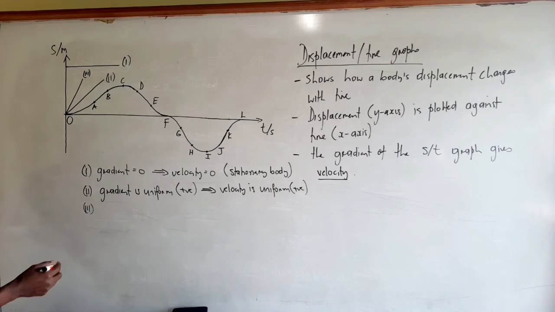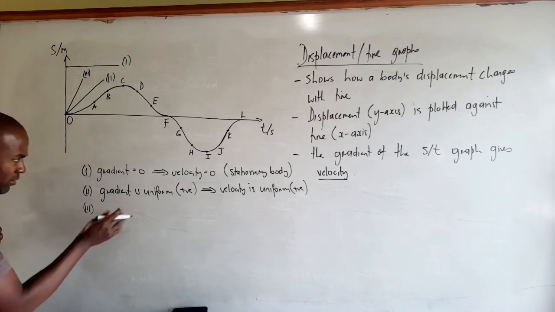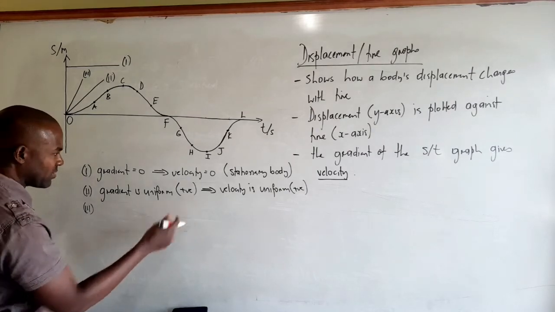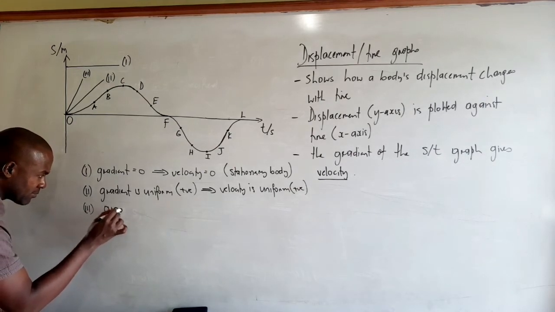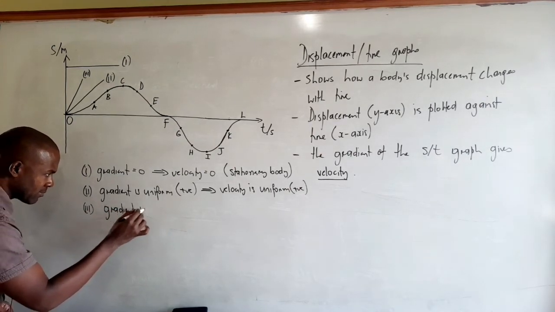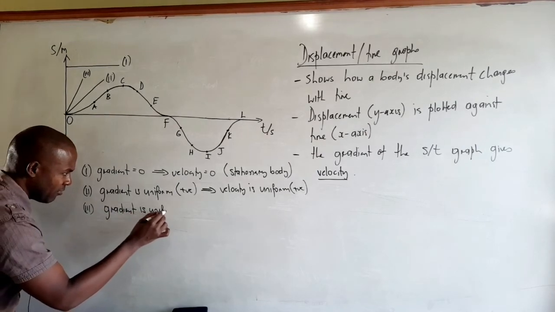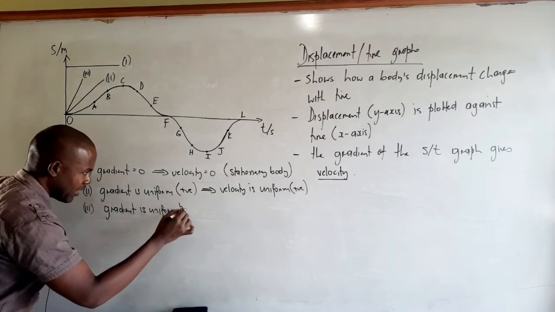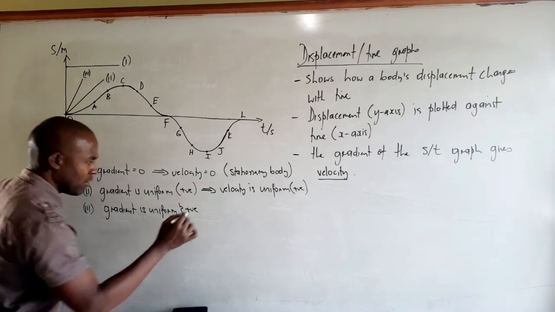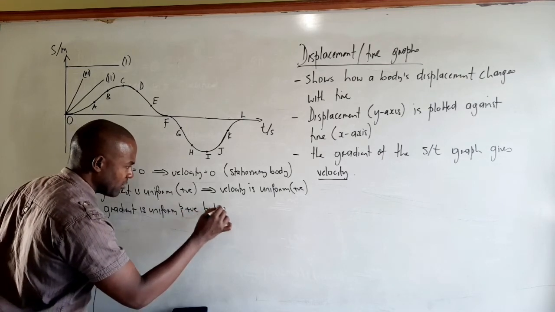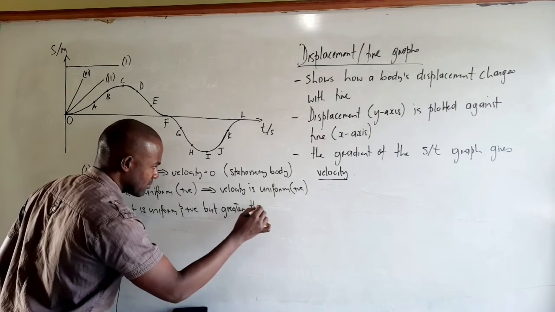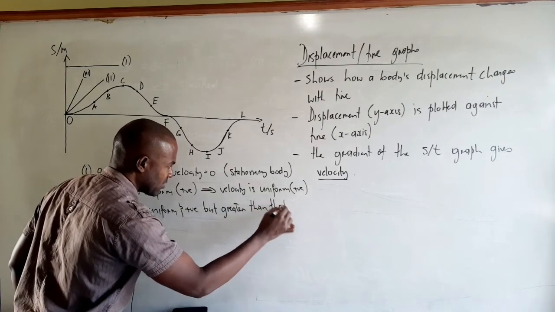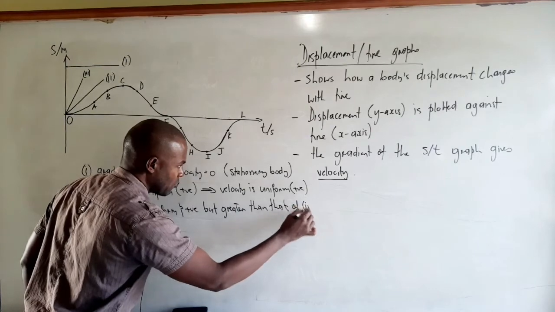So we say that the gradient is also uniform and positive, but of course greater than that of graph 2.